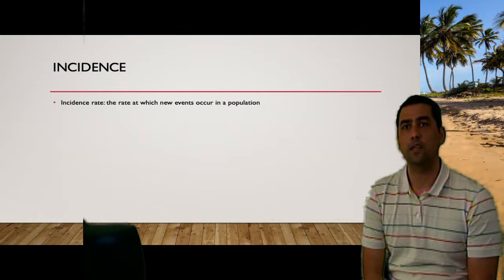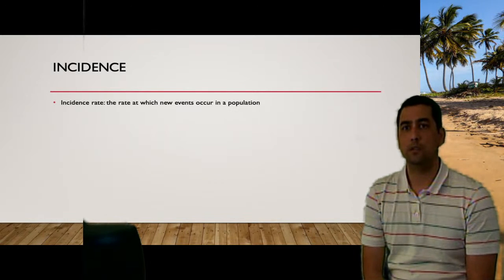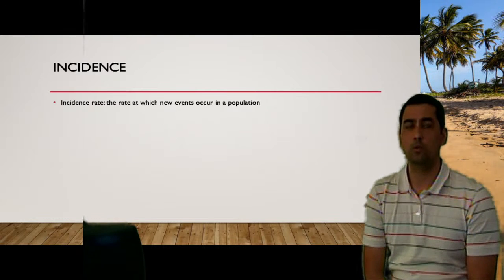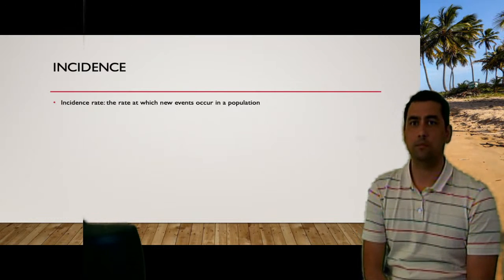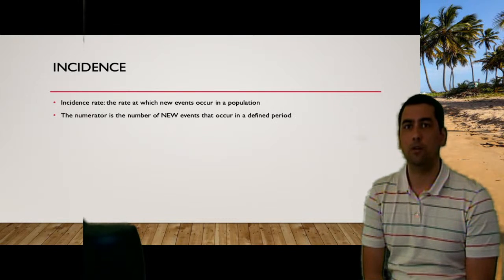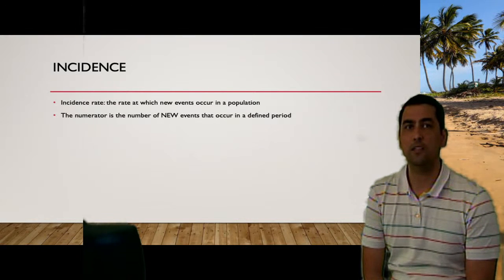The term incidence is the rate at which new events occur in a population. The numerator is the number of new events that occur in a defined period.